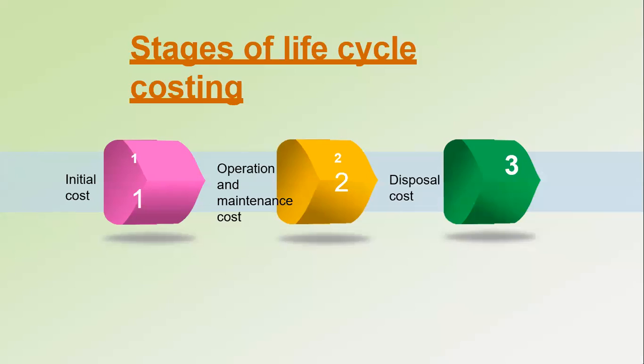Operational and maintenance cost is the current or running cost considered during these operations. And the third cost, the disposal cost, can be calculated after the operation or after that particular project.